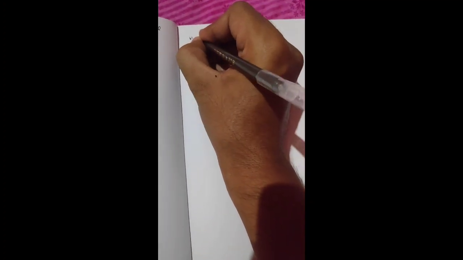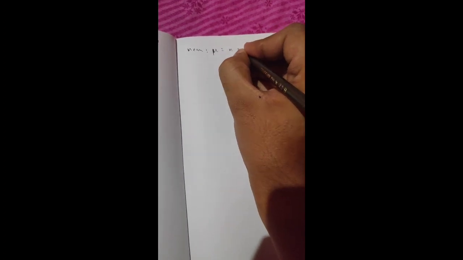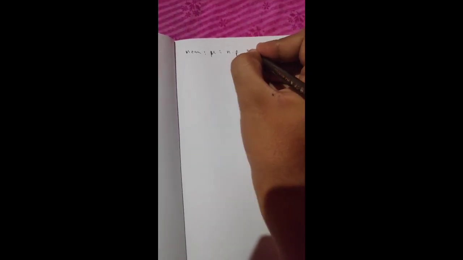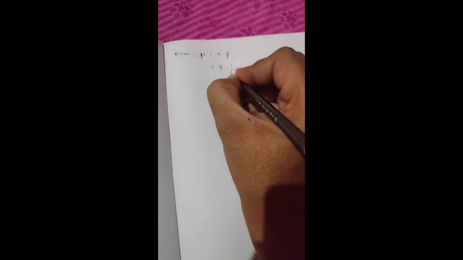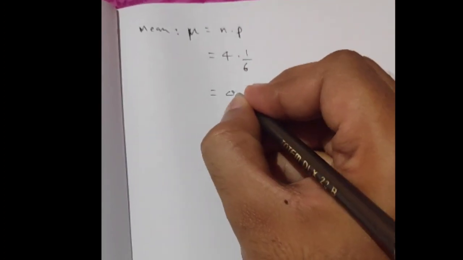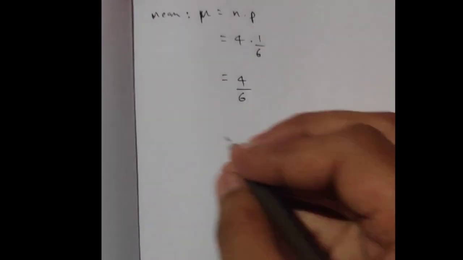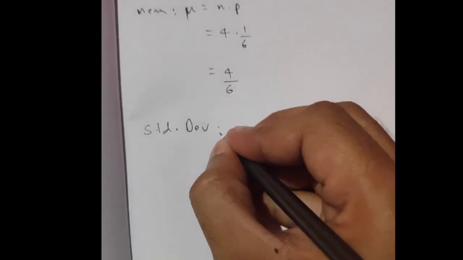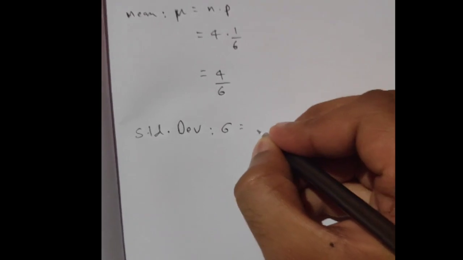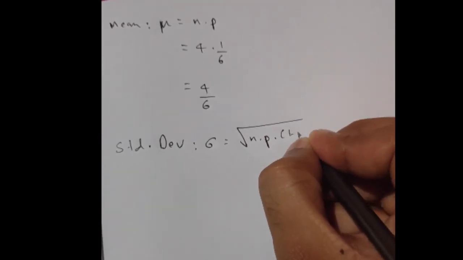Let's find the mean and standard deviation. For mean, mu is equal to the number of trials times probability, so it becomes 4 into 1 by 6, which is 4 by 6, and that's the mean. And for standard deviation, the equation is the root of n into p into 1 minus p.